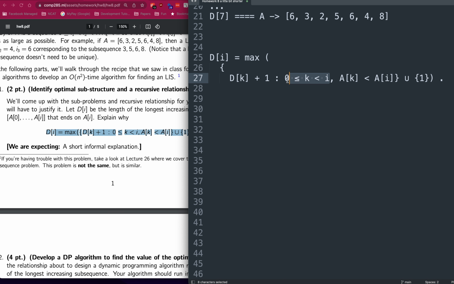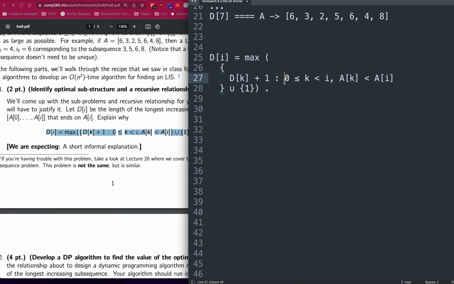So this is basically saying, for all k from 0 up to i, if ak is less than ai, then I include it in this set, okay? And di is going to be the maximum of all of those.